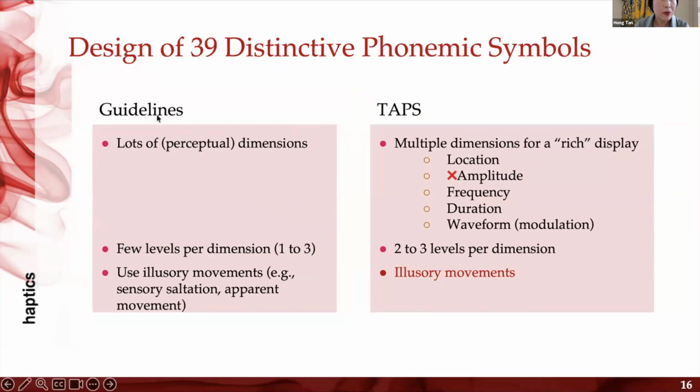Remember on the left here, I gave 3 guidelines: use lots of dimensions, very few levels per dimension, and use illusory movements. So on the tactile phonemic sleeve, we try to recruit as many dimensions as possible. We had 24 tactors, so we obviously used location, but very quickly we realized you can't identify 24 tactors on the arm.